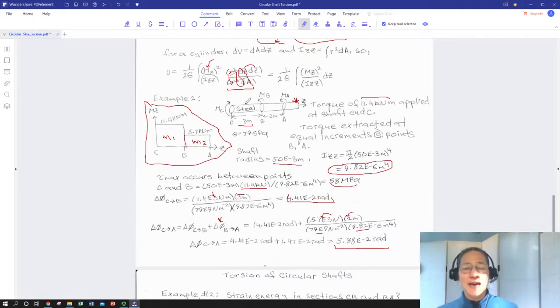If we, say, had some kind of fluid torque transfer, where for every unit length along this shaft, maybe we have some little paddles on it, we could say we are continuously withdrawing torque at so many Newton meters per unit shaft length, then we would just integrate that as the moment we're taking away, and this graph would maybe have some kind of slope to it. No problem. As long as we have a continuous function for M or for our radius, in terms of Z, all we have to do to get twist angle is just to integrate those expressions.